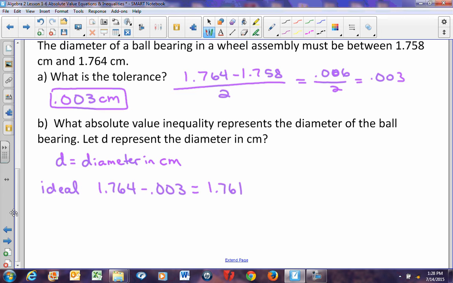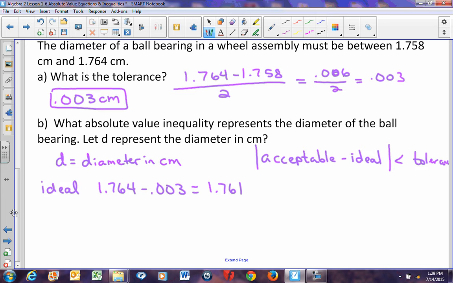And if you remember, the acceptable diameters minus my ideal diameters in absolute value has got to be less than my tolerance. Acceptable minus ideal in absolute value has got to be less than your tolerance. That's the equation for finding the absolute value inequality for a tolerance problem.